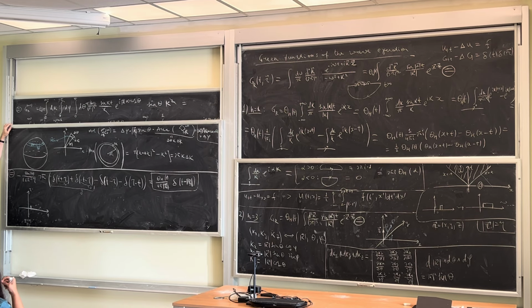And we have a non-zero value of the solution only at this sphere of radius t. And this is also called the retarded potential. Or maybe let me first write some different formula and then explain its name.